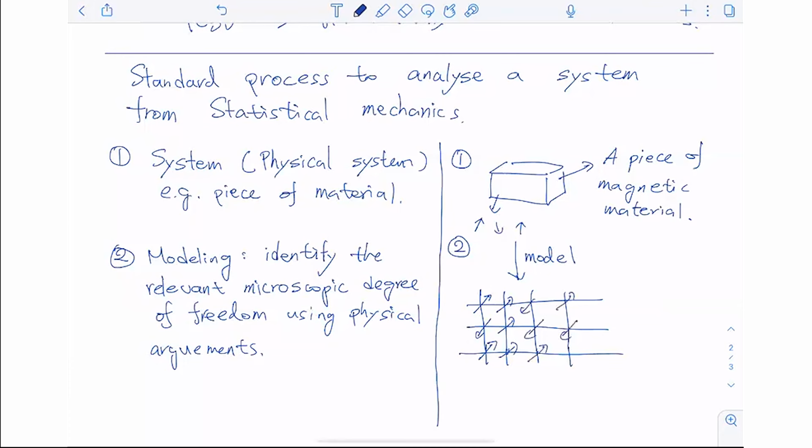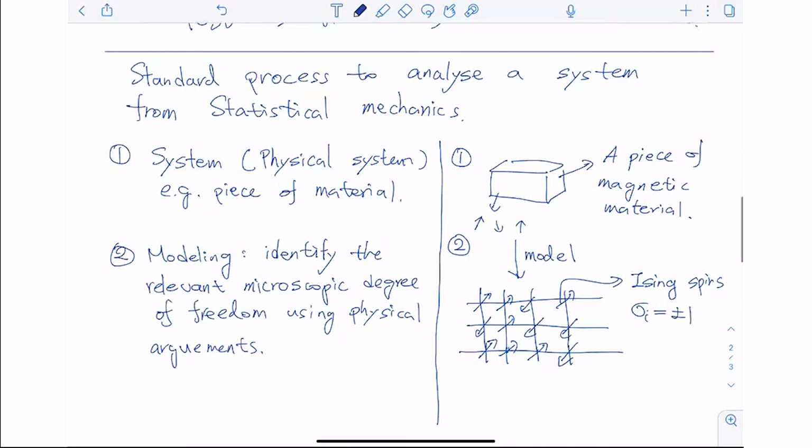Here I'm just randomly drawing a configuration. The fact that each spin is now assumed to point only upwards or downwards is what people call Ising spins. These little spins are usually represented by sigma_i, and it can only be +1 or -1.